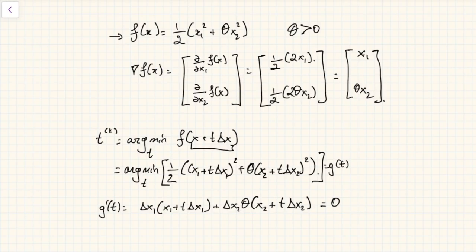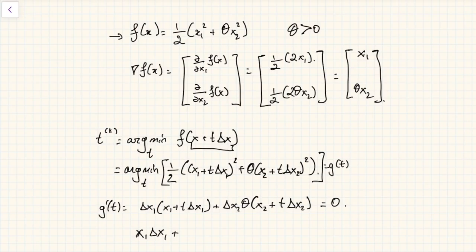Setting this to 0, what you'd get is x1 times Δx1. I'm interchanging delta and d. Usually I say d for delta, so in case you hear me say d, I mean delta.